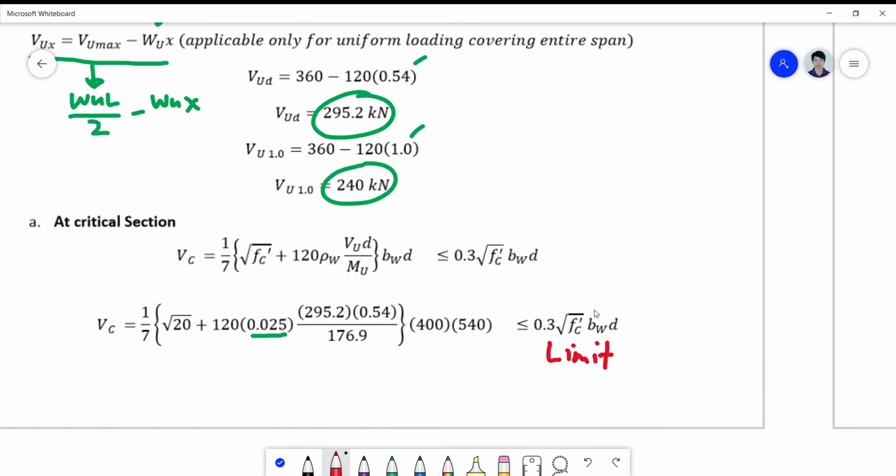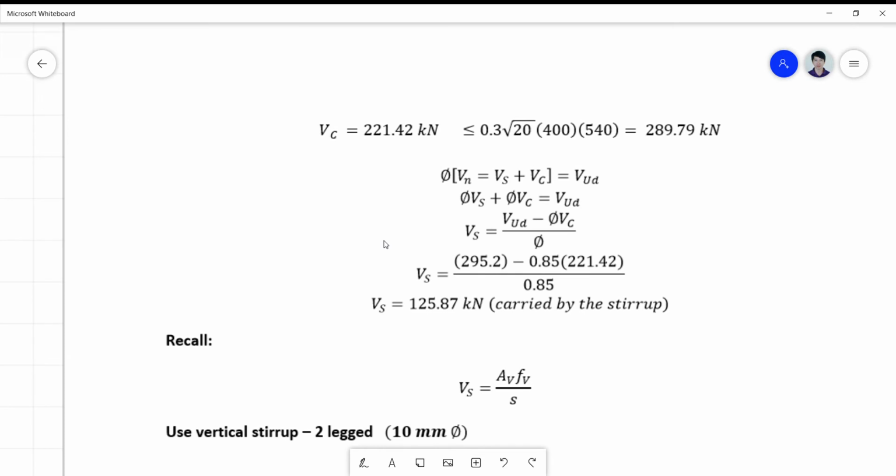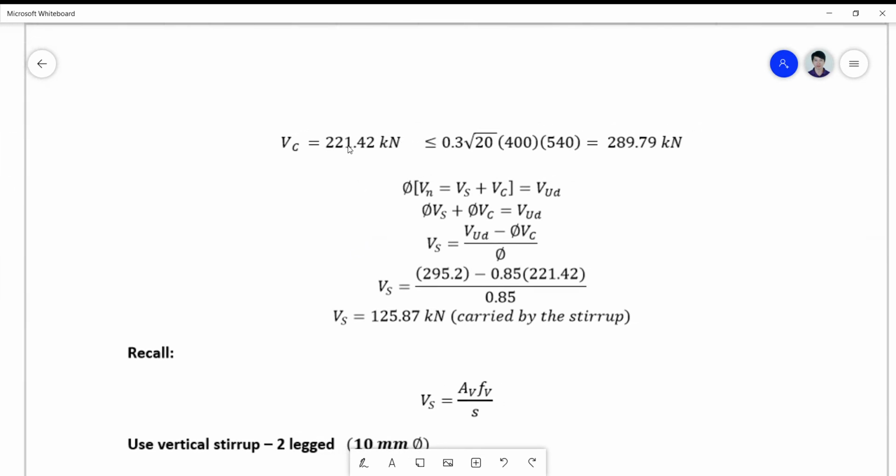If it exceeds this one, you use this value. So this is now our computation. This is 221.42. Check if it is less than 0.3 square root of 20 times 400 by 540. So this is now 289.79. It's less than, so we are going to use your VC that is computed here.